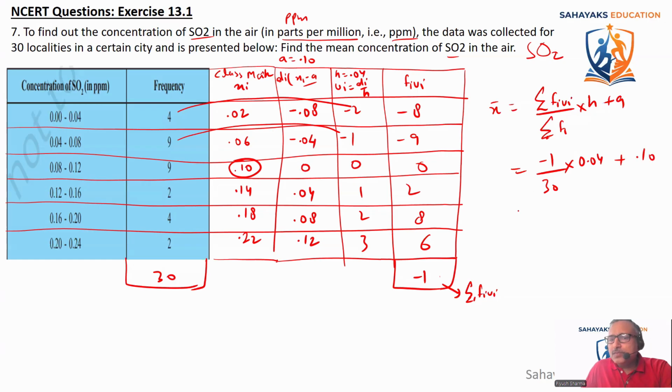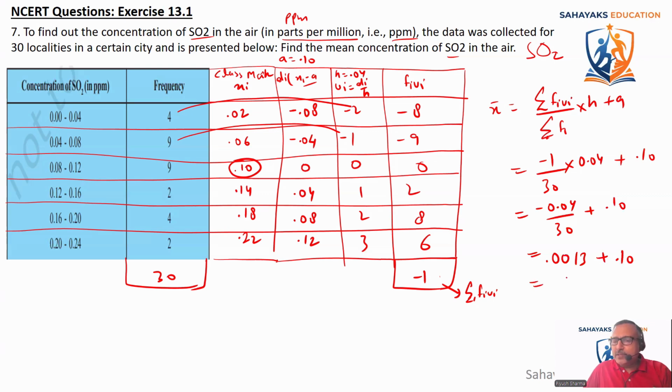Okay, so when we divide it, it becomes minus 0.04 divided by 30 plus 0.10. So this value comes out to be 0.0013. It is minus 0.0013 plus 0.10.